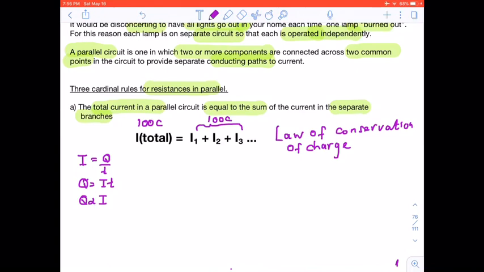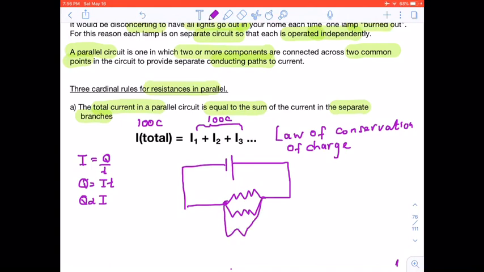So let's say we have a particular battery here, and it's got a certain voltage. And I'll draw a resistor like that, here we have that resistor, and then we can have another resistor here connected in parallel, and then we have another resistor.